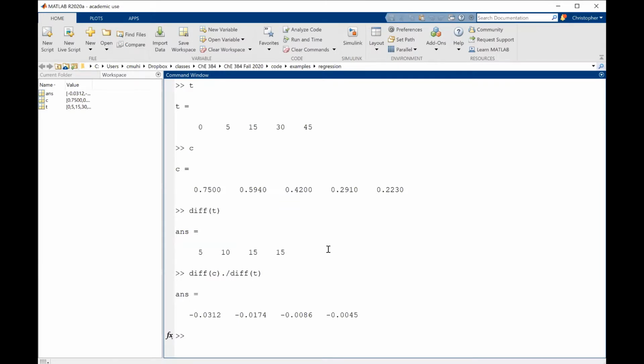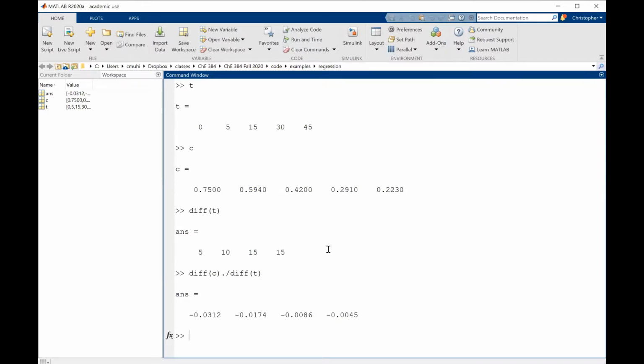The other way that we can do this is using the gradient function. The gradient function is going to determine the derivatives of f at each of the points. The difference between gradient and diff is that gradient is going to use forward and backward derivatives for the first point and the last point respectively.